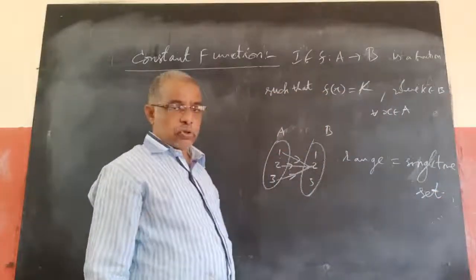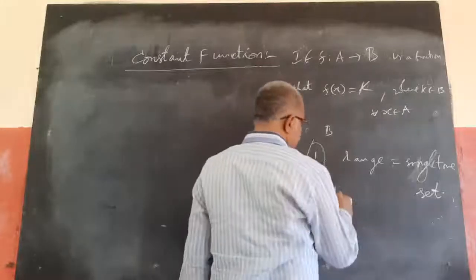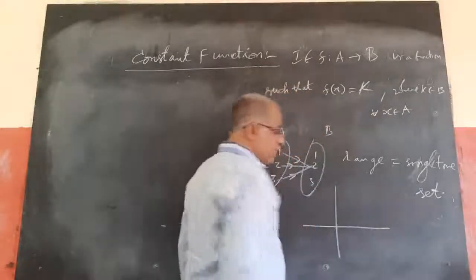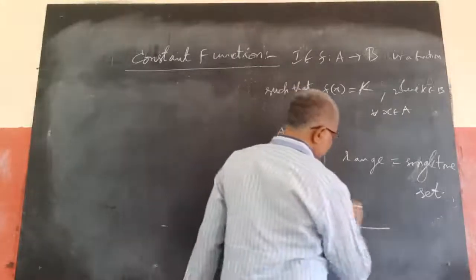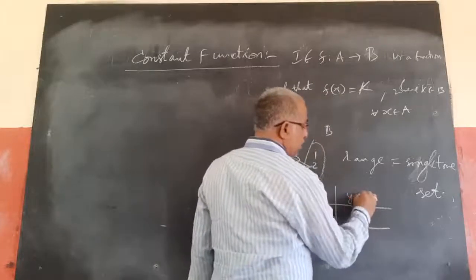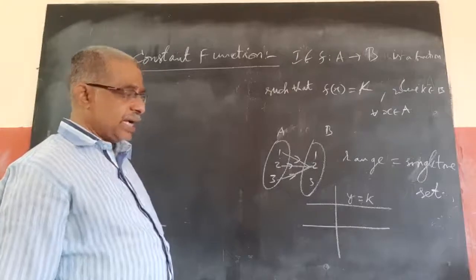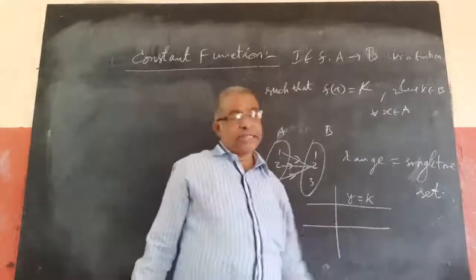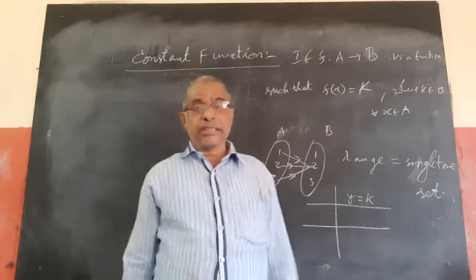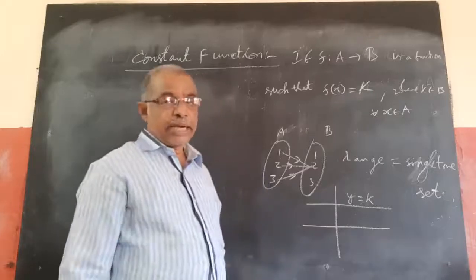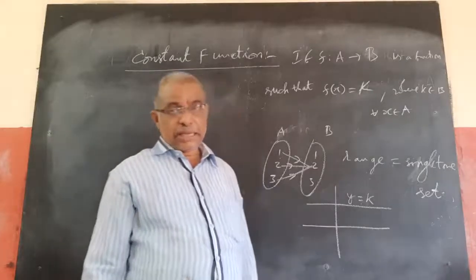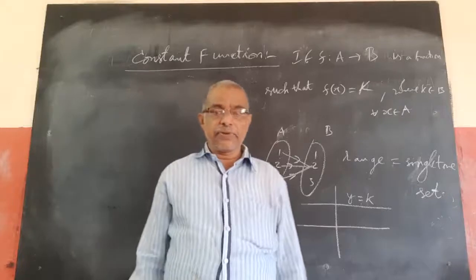It is always mapped to only one element. If you draw it graphically, it is always a horizontal line. So y equal to k is the graph of the constant function.